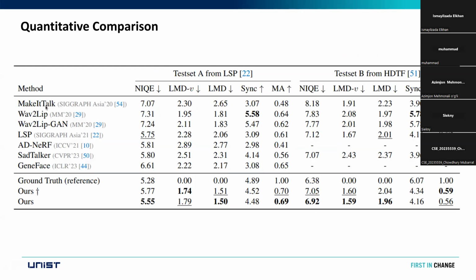These are the previous methods, and these are the results from this paper. According to them, they achieved state of the art in many of the metrics: NIQE, LMD, LMDV, except the synchronization.